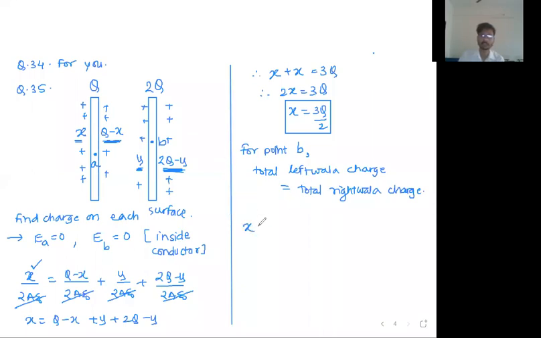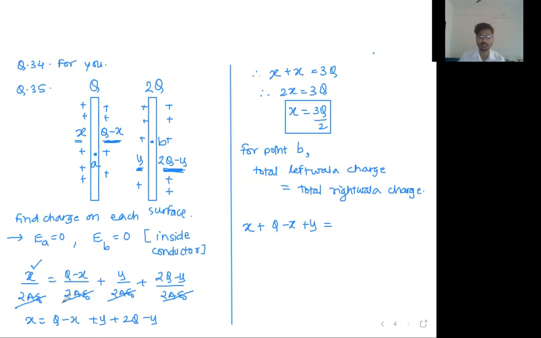Sir, x plus q minus x plus y is equal to, okay, this is the total charge on the left of B. Actually it is x upon 2a epsilon 0, q minus x upon 2a epsilon 0, y upon 2a epsilon 0.